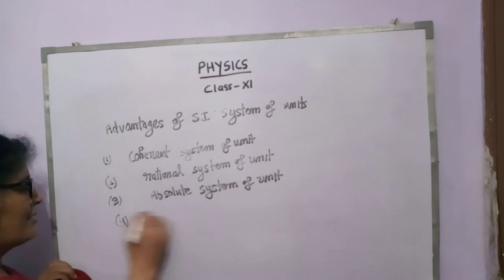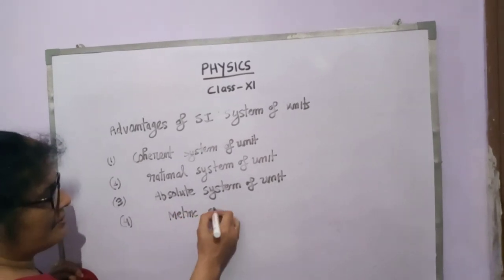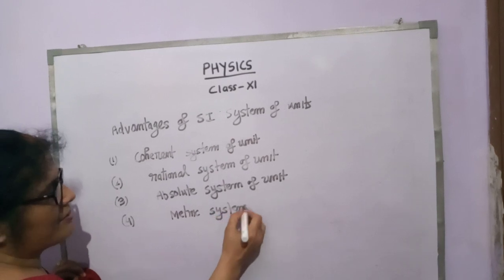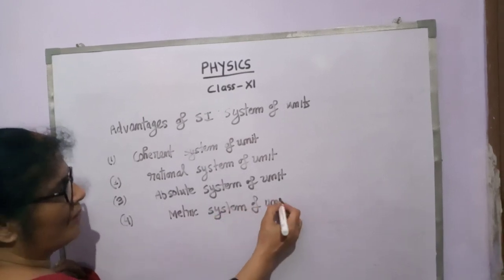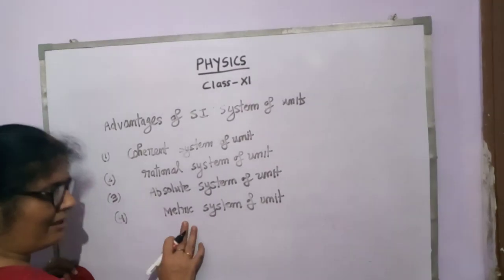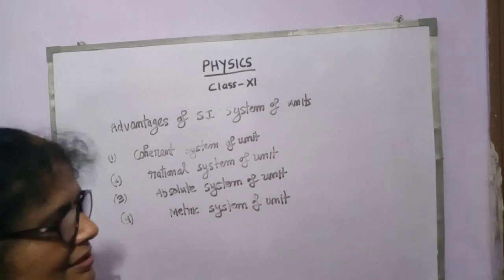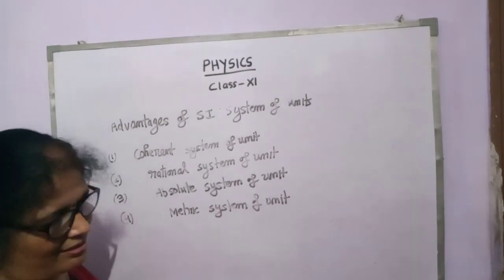Number 4, this is a metric system of units. That means all the multiples and submultiples can be expressed in powers of 10. Suppose meter, your SI unit of length.